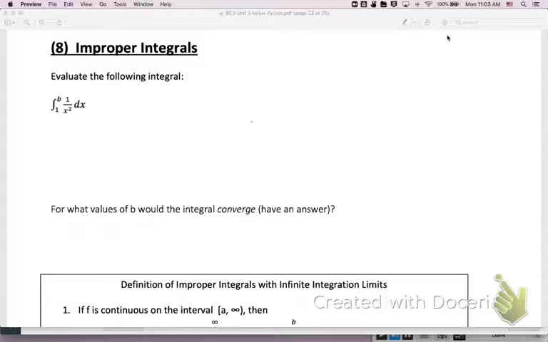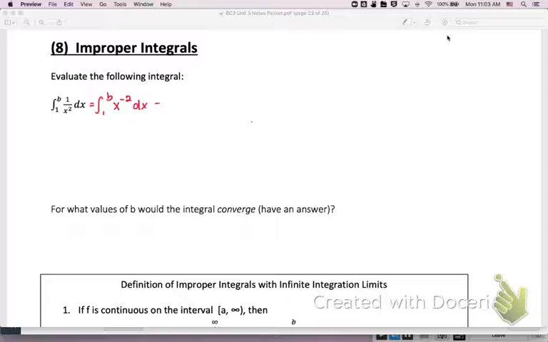We'll use the fundamental theorem of calculus, your F(b) minus F(a). So we want to integrate from 1 to b. Well, we don't need u substitution here. This is simply going to be the integral from 1 to b of x to the negative 2 dx.